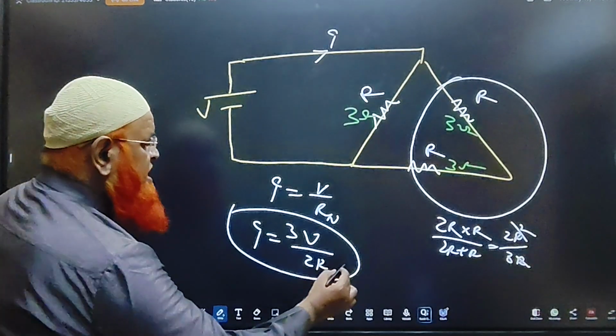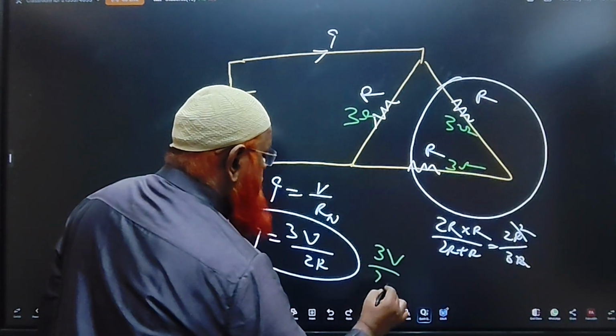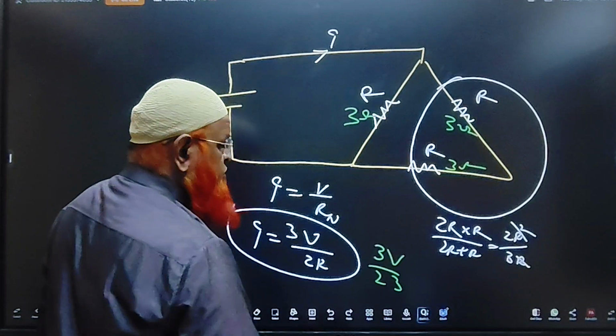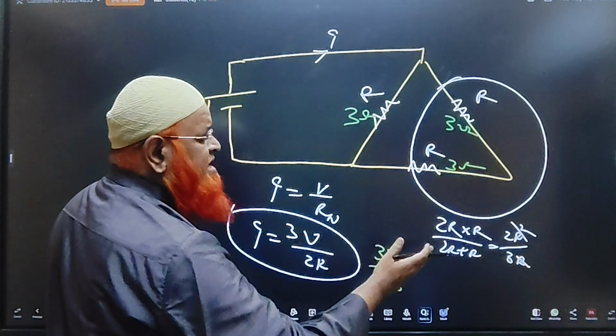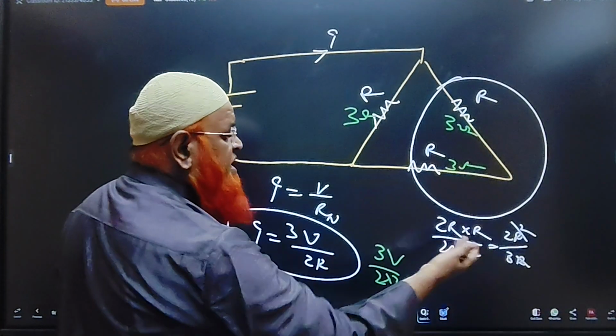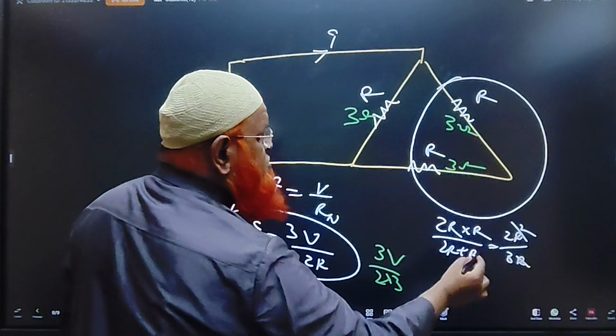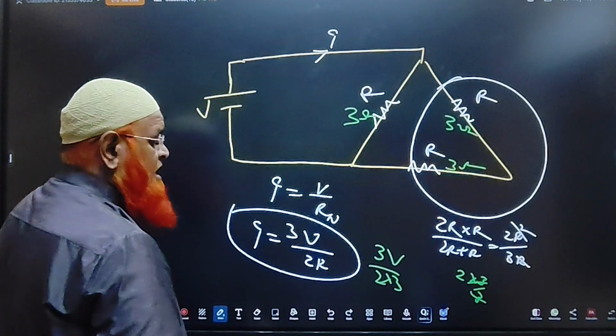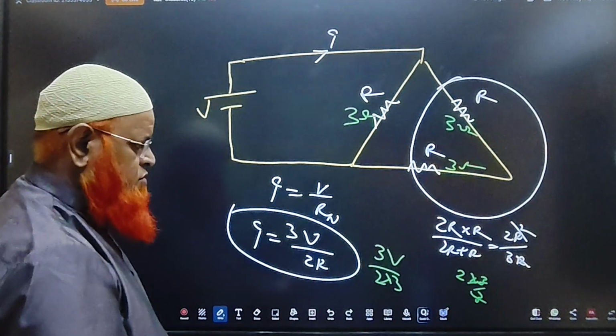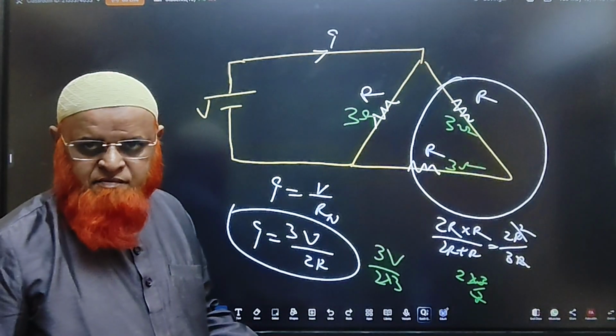You just substitute 3 here. So 3V by 2 into 3. Because R net is how much? R net is 2R by 3, no. Where R is 3 here. So 2R by 3 means 2 into 3 by 3. When you cancel, 2 is left now. R net is 2. So 3V by 2 is the answer.